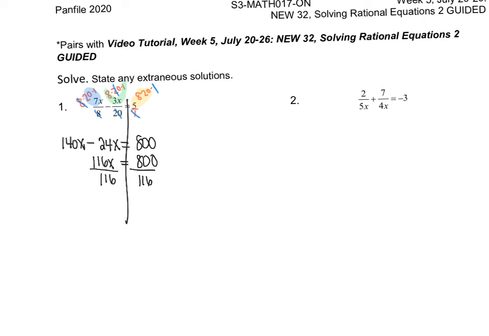That is an ugly number. So that is going to be 200 over 29. So 7 times 200 over 29.